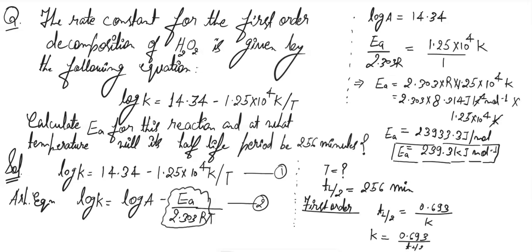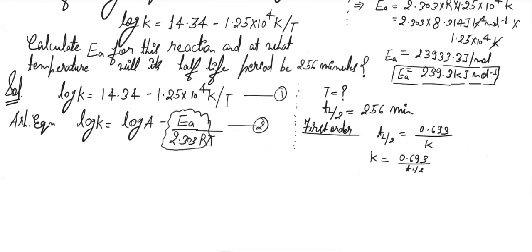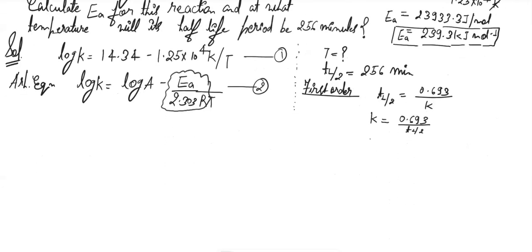If you do this calculation, K is 0.693 divided by the half-life of 256 minutes.